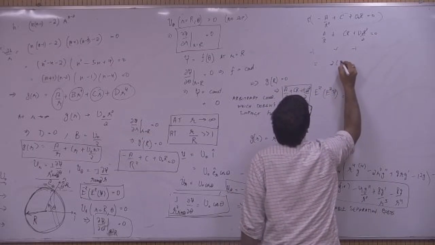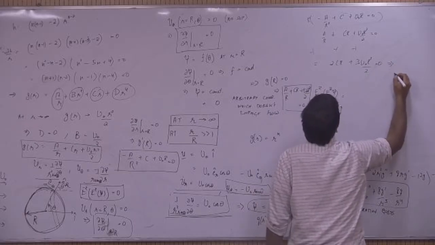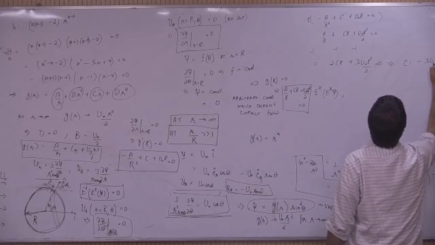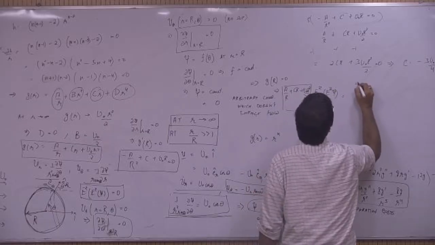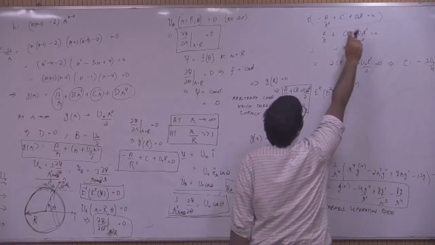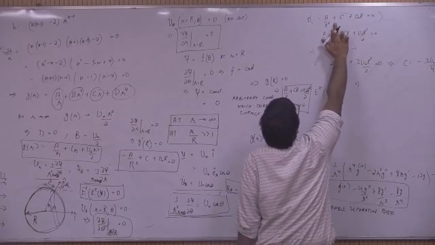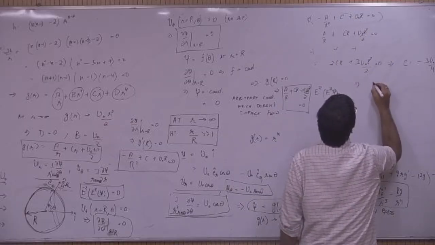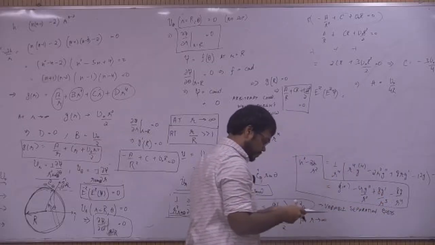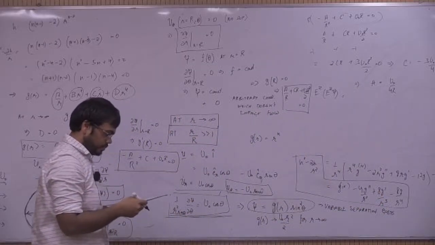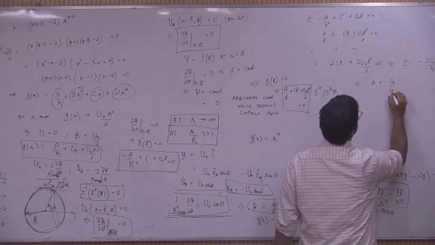We will have 2cr plus 3 u naught r square by 2 equals 0, which means c is minus 3 u naught r by 4. And so what do we get for a? So minus 3 u naught r by 4 plus u naught r gives you u naught r by 4. So a by r square is u naught r by 4. So we get a is... No, sorry. A is this guy.